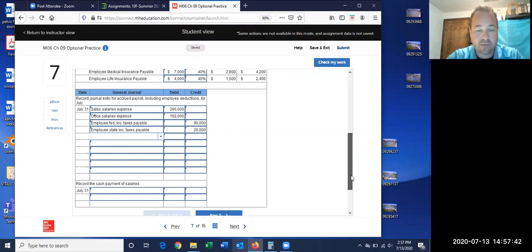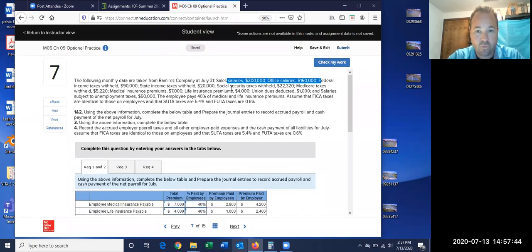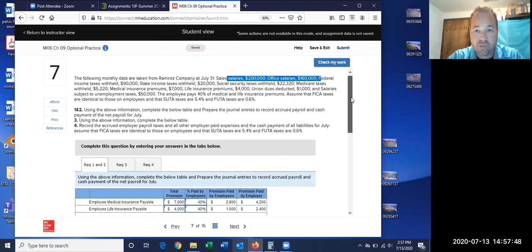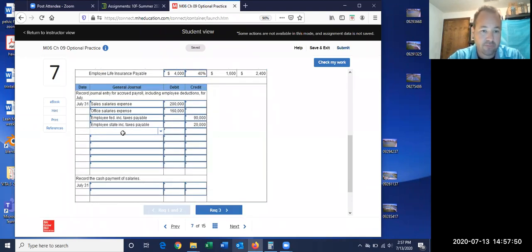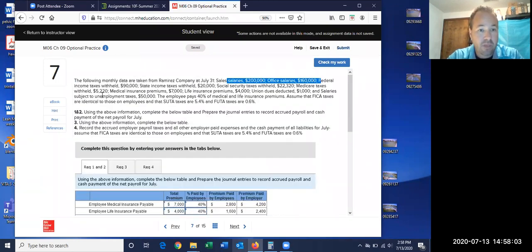And then let's see what's next. We have our Social Security and Medicare. All right, Social Security, 22,320. And we have our Medicare, which was 5,220.